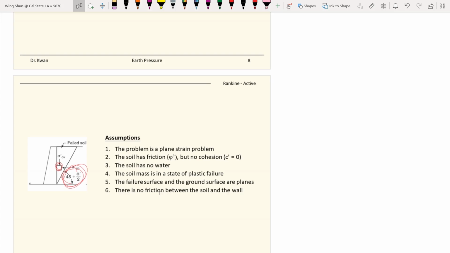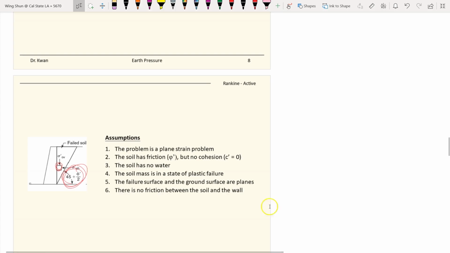Like the Coulomb method, the Rankine method has the failure surface and also the ground surface planes. We talked about that in the previous Coulomb method. Another major difference between Rankine and Coulomb is that now they assume there's no friction between the soil and the wall.